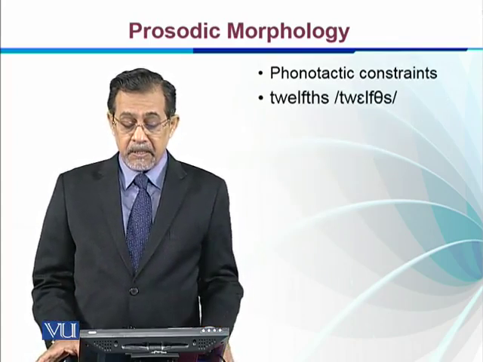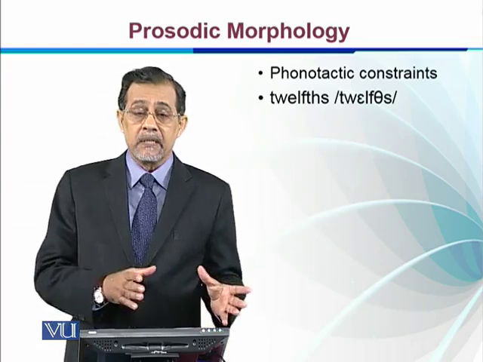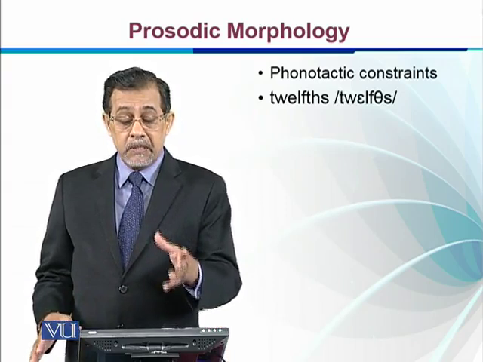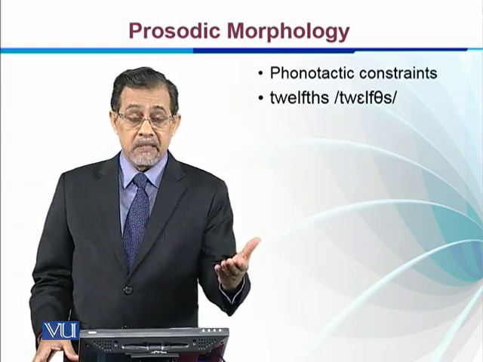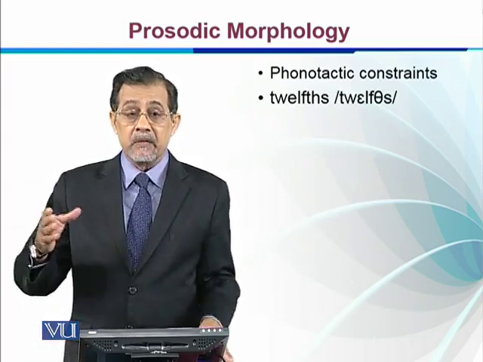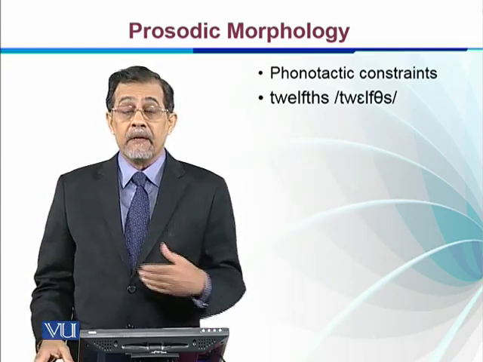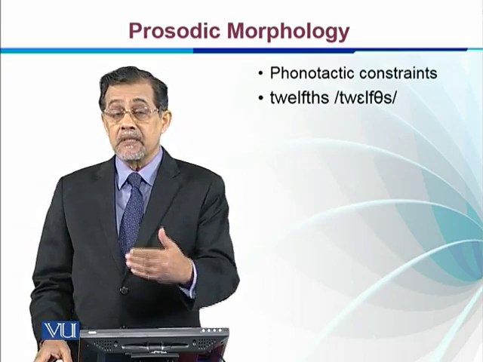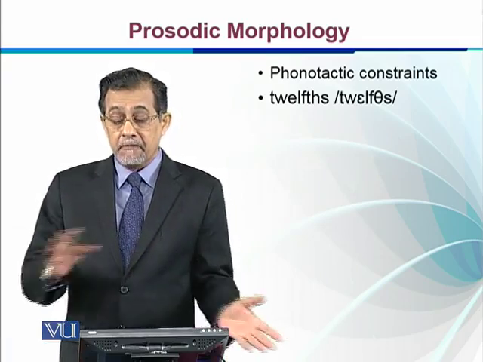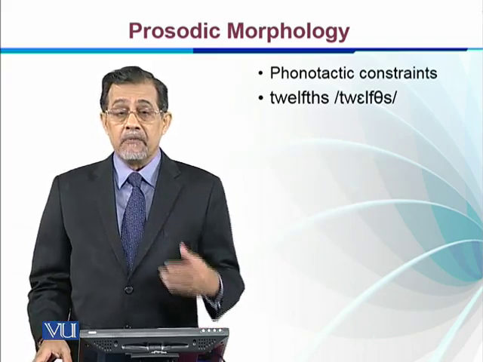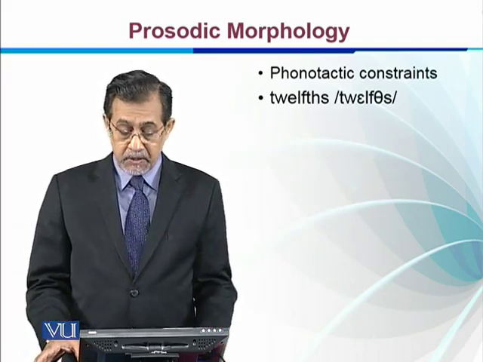For example, in this word, the onset has these sounds, and the coda has other sounds. This combination is possible, but if we change the sounds, we won't find a word which exists in the English language.